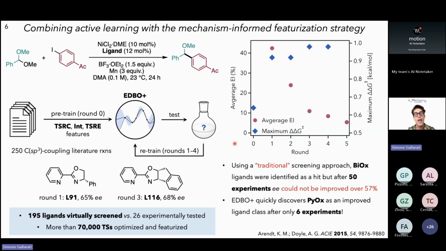But even after having made more than 50 ligands, we could not get a significant improvement in enantioselectivity. Then the optimizer, after just a couple of rounds of experiments, moved away from the Biox class and identified a different class, specifically Piox ligands, that gave small improvements in enantioselectivity for this reaction.